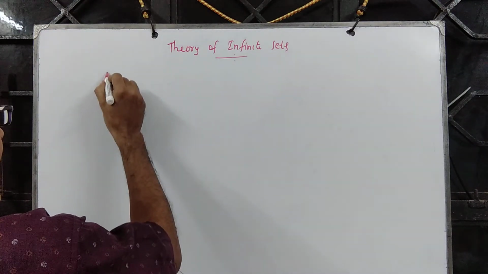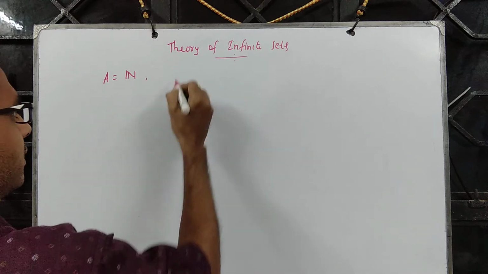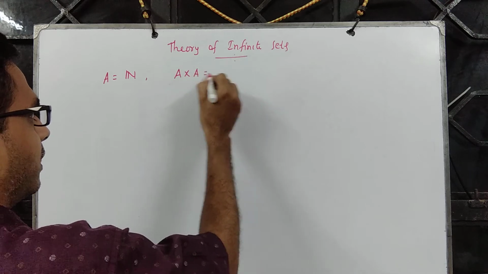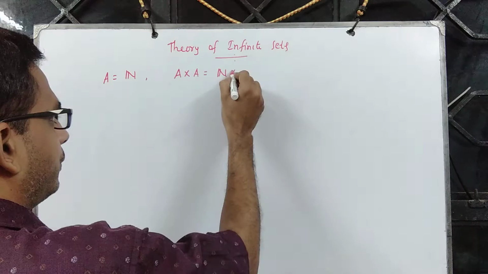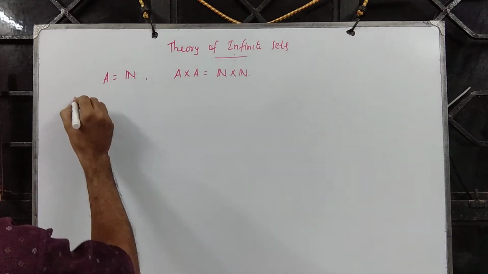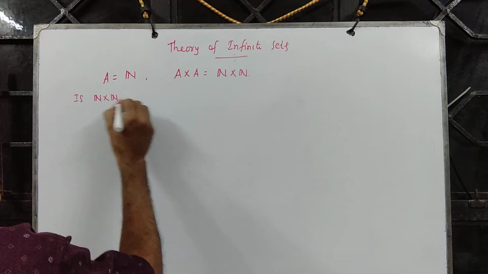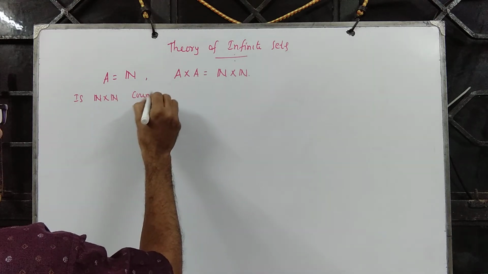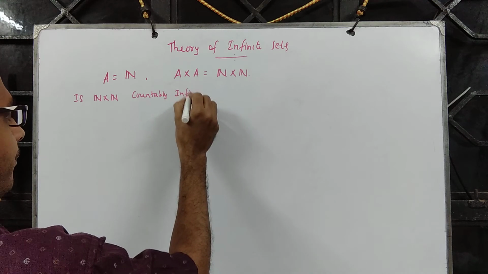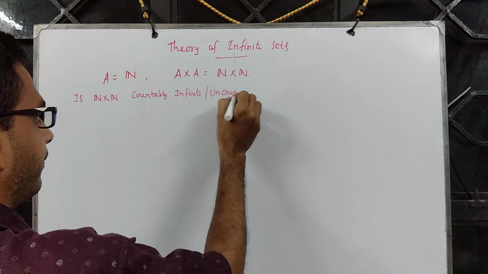Suppose the underlying set is the set of natural numbers, which we know is a countably infinite set. A cross A refers to N cross N. Now the question is: is N cross N countably infinite, or is it uncountable?